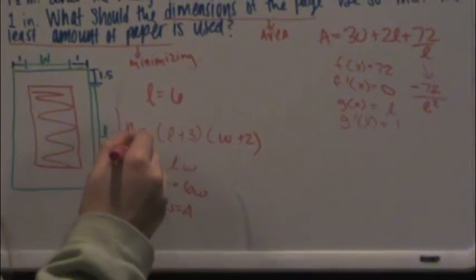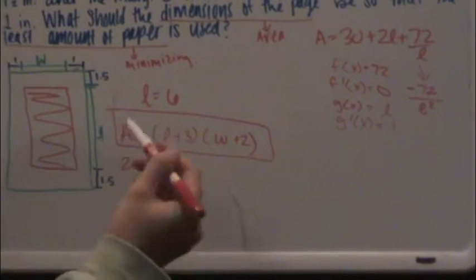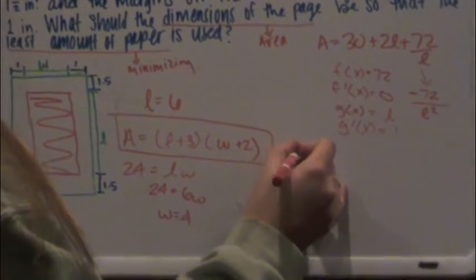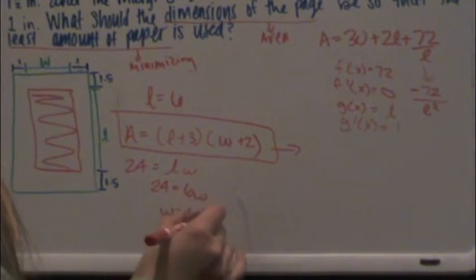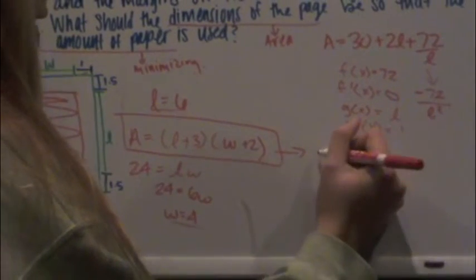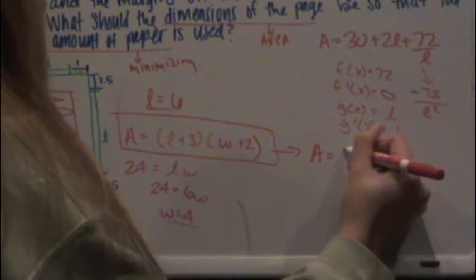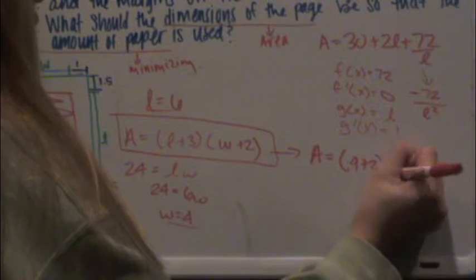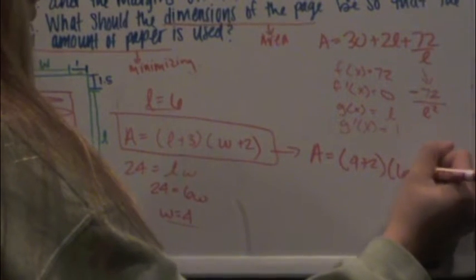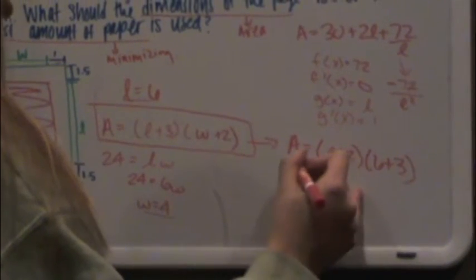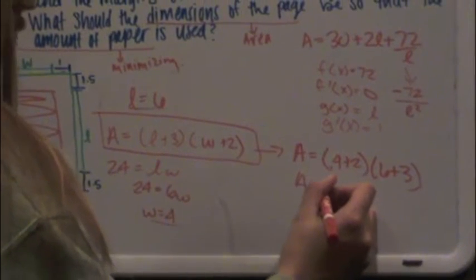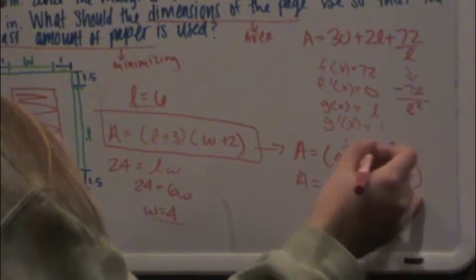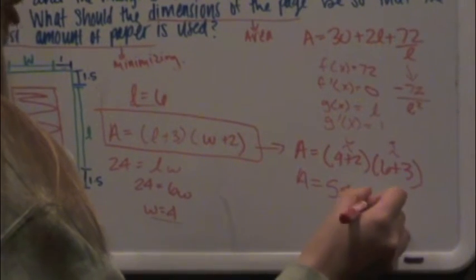Then the primary equation should have our actual dimensions, since they're asking for the dimensions of the whole page. We plug these numbers in and we get A equals 4 plus 2 times 6 plus 3, which simplifies to 6 times 9, which is 54 square inches.